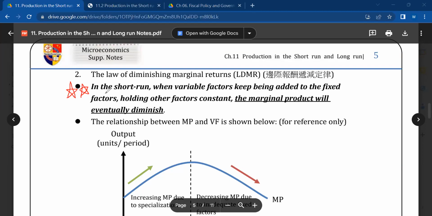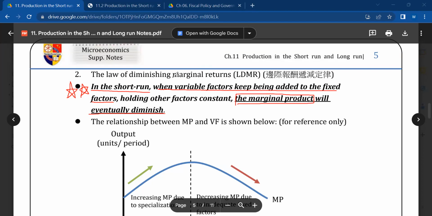Okay. So again, please remember, LDMR will only appear in the short run, when variable factors keep being added to the fixed factors. We continuously add the variable factors to the fixed factor, holding other factors constant, then finally our marginal product will eventually diminish. That means decrease.